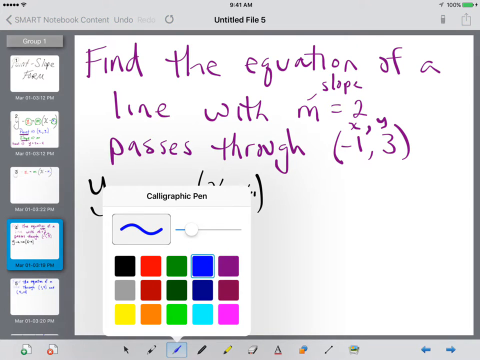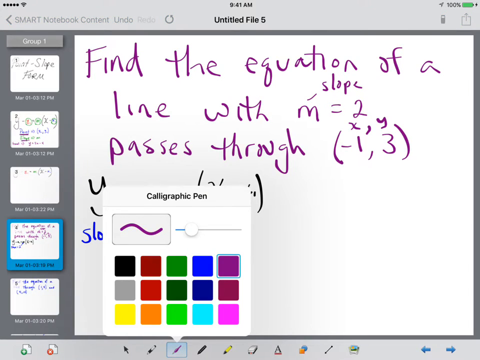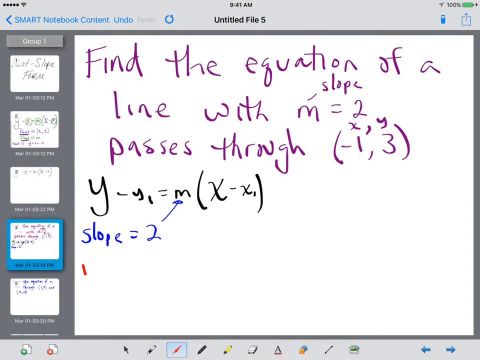So we need two things to plug in. We need the slope. Well, the slope is 2. I'm going to plug that right there for m. And the other thing I need to plug into this problem is the point. Well, the point from this problem is -1, 3.